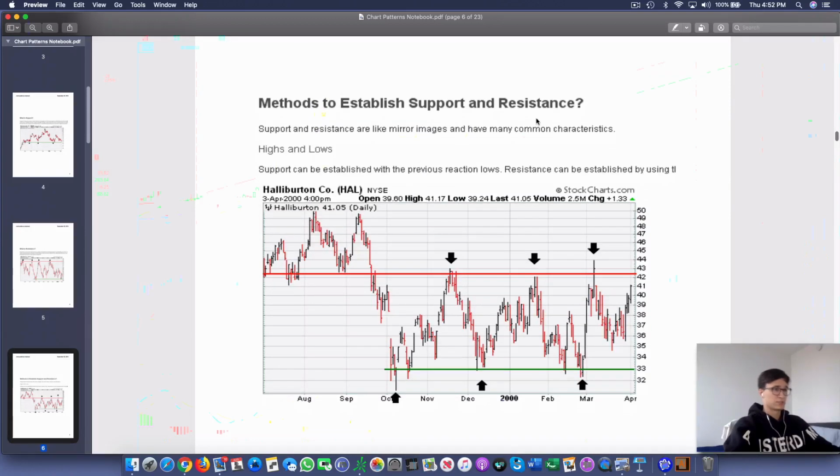So, methods to establish support and resistance. Same thing I said before, just identify where the prices are getting rejected around which price, and same thing for support. So we see here that the price is not going lower than this level here, so it's safe to say that this is the current support level, and this is the current resistance level.